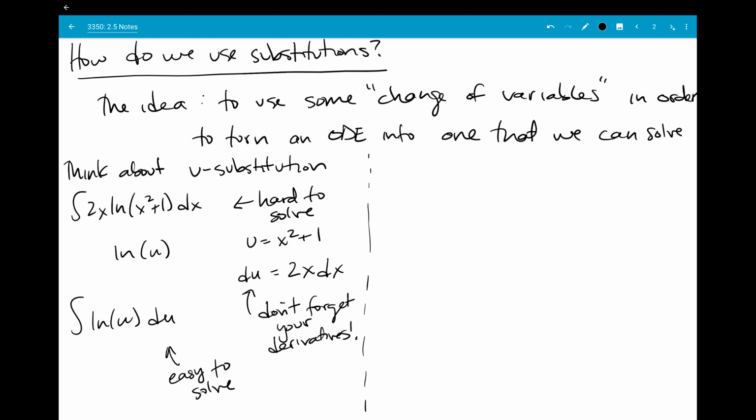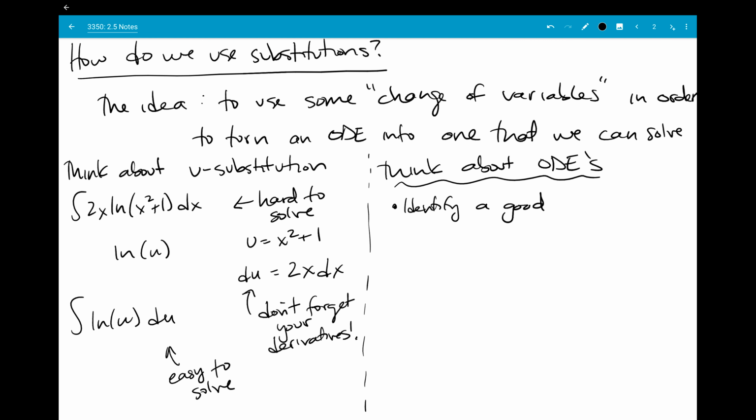For differential equations, your steps are going to mirror this. You're going to start out by identifying a good substitution, and on the next page we'll talk about what that means.